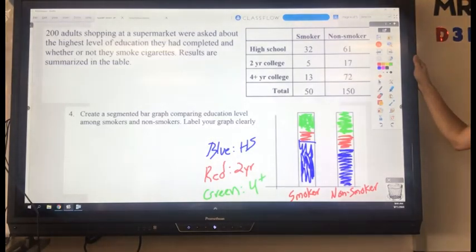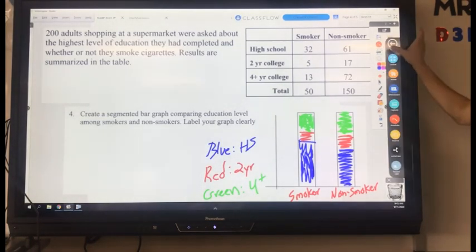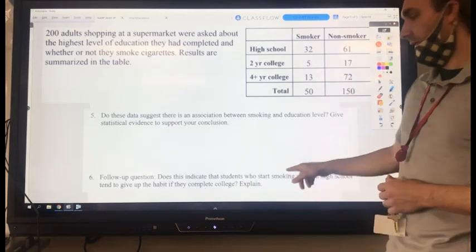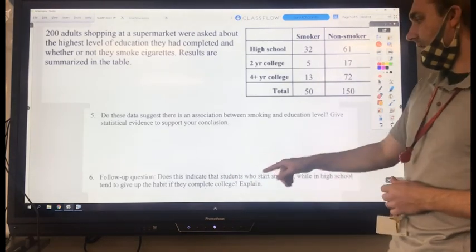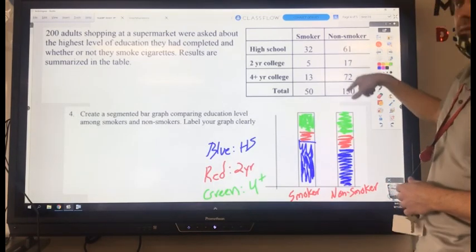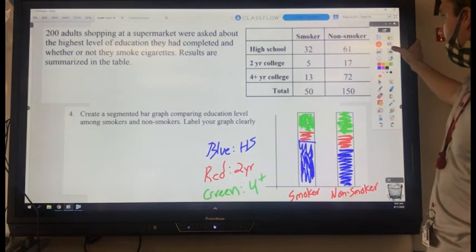Is there anybody that can defend the statement, no, that's not true? Because how do you know these people started smoking? You don't know, right? Well, we don't know if these people started in high school. So watch out for assumptions.